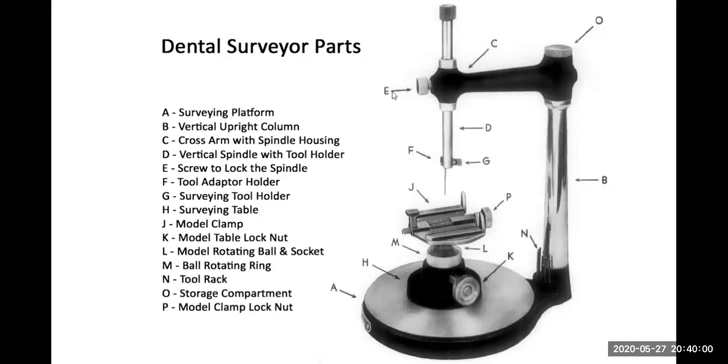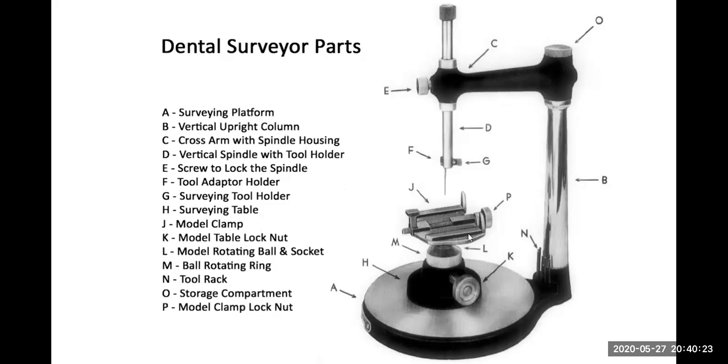The E, that is the screw, controls the movement of the vertical arm. So this is how it is labeled.